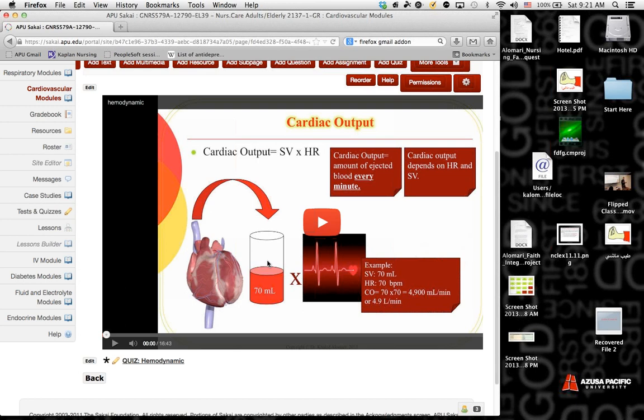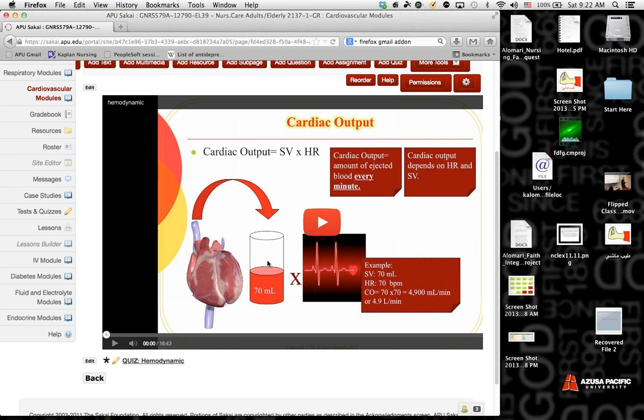Now, what is also the significance of the preload? The cardiac output that leaves the left ventricle depends on the preload that starts at the right atrium, because it's one circulation.